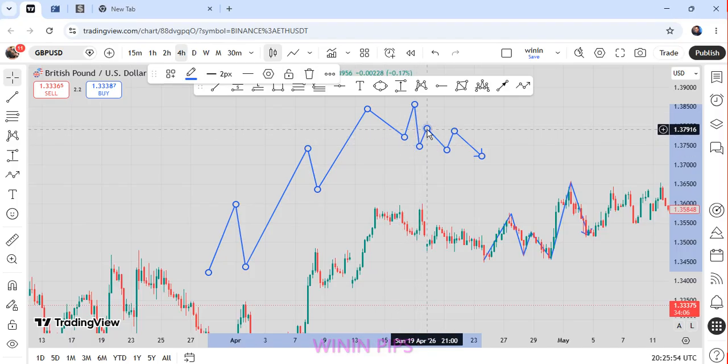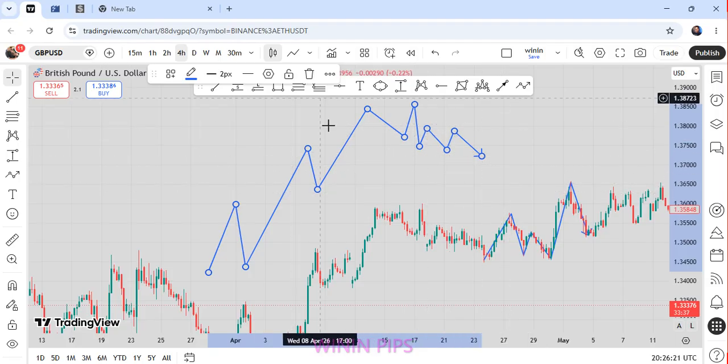It went up, but it couldn't supersede this high here. This time around, as it's going up, it just came down and broke this low here. So now it's giving us lower lows, in that order.